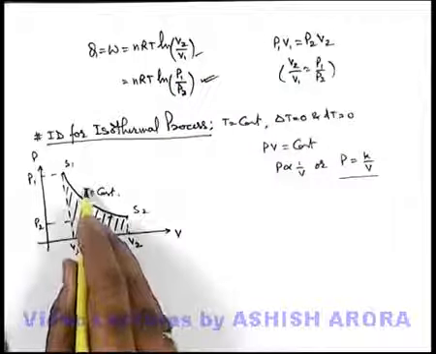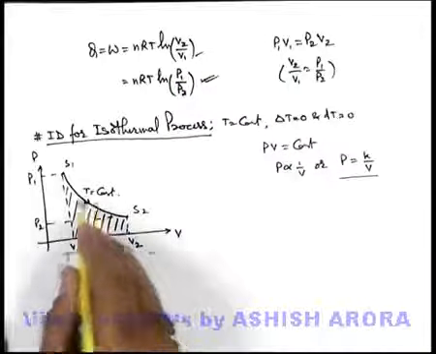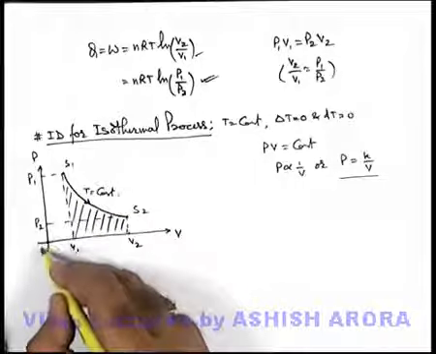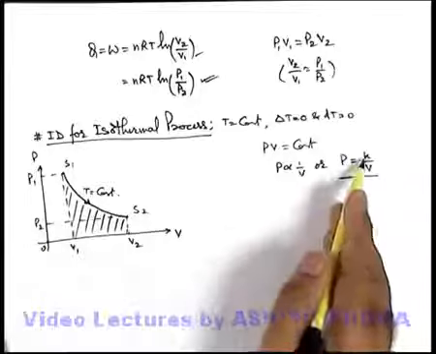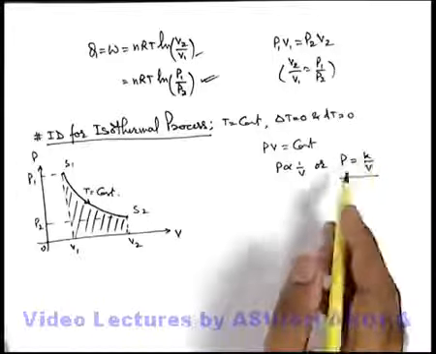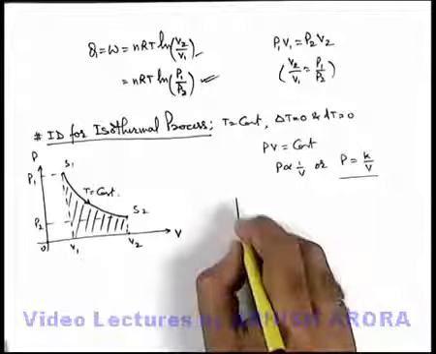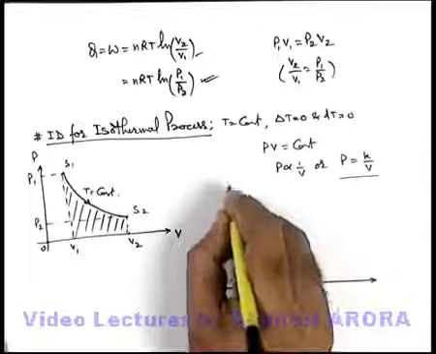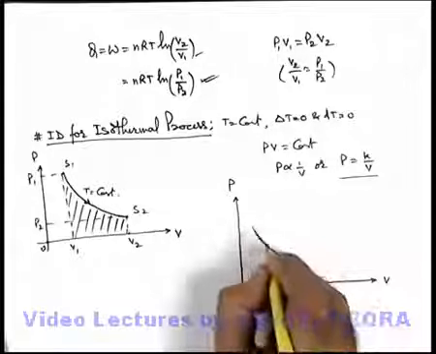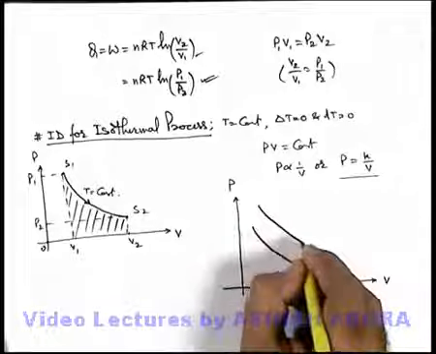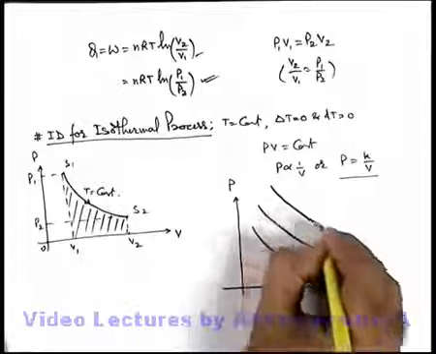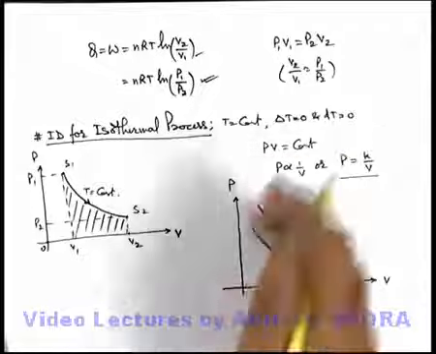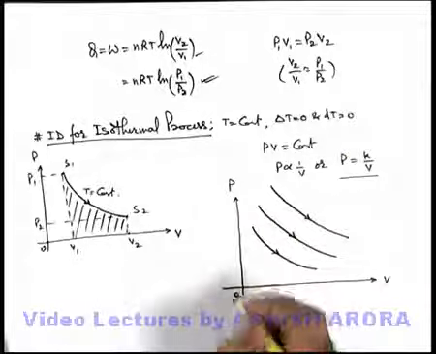If the temperature is increased, we can see that the area will increase, so the curve will be lifted up, or we can say it will move away from origin because this constant is actually nRT. So it depends on temperature. So for various temperatures, we can draw several isothermal processes, and the curve will be shifted parallelly away from origin.